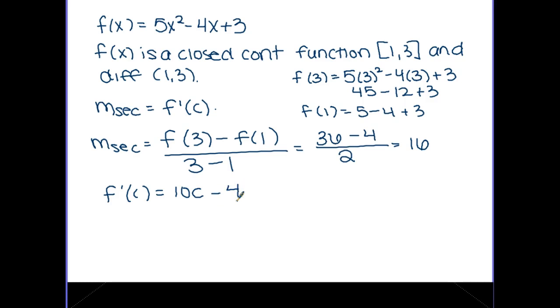So I need 10c minus 4 to equal 16. Again, I'm setting f prime of c equal to the slope of the secant, and solving for c. Oh my gosh, I'm so used to Algebra 2, I was showing all the lines.